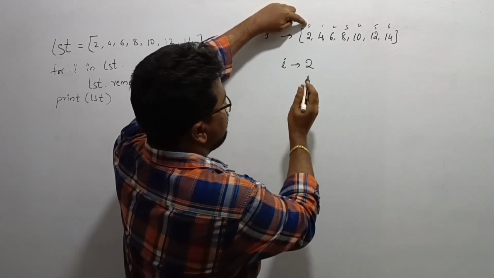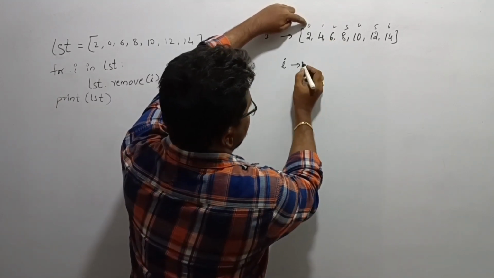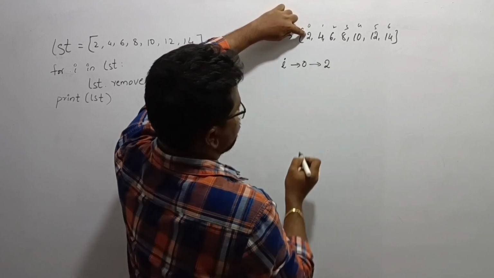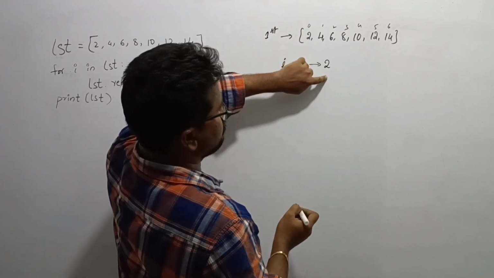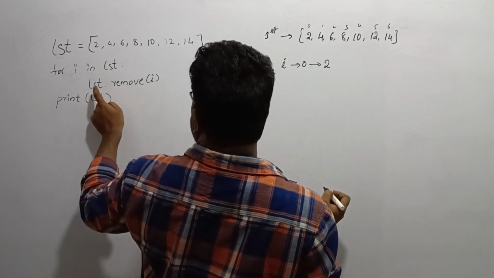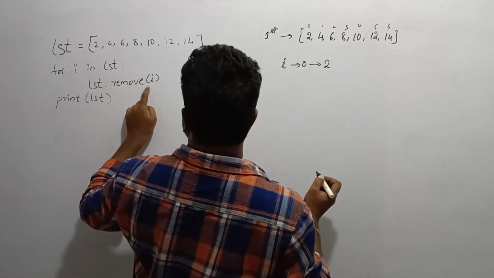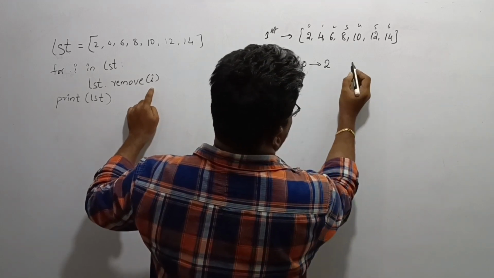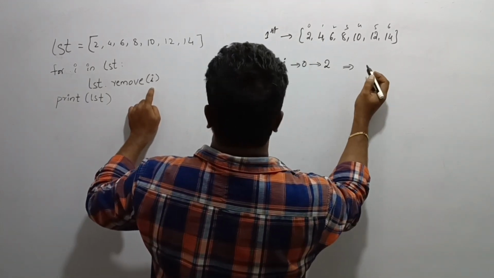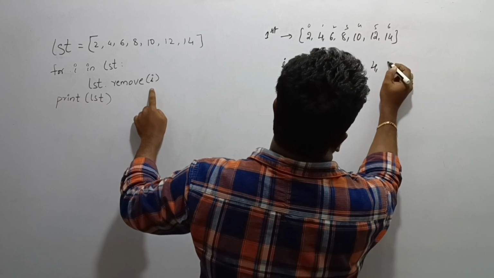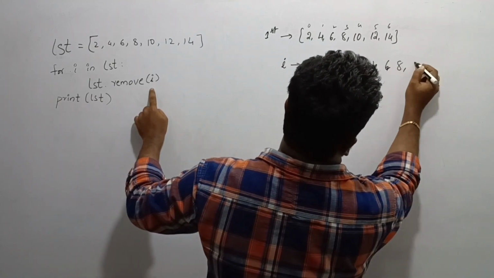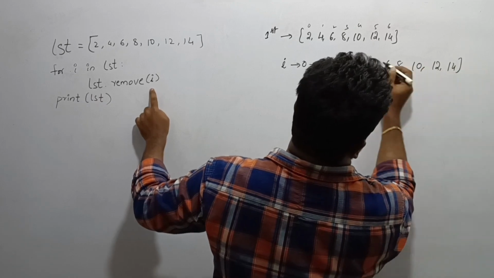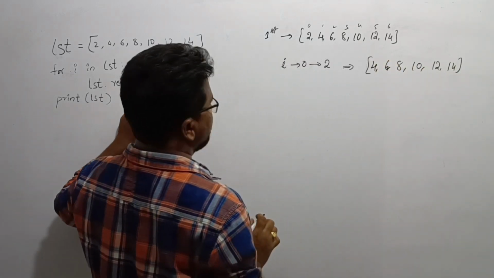The element is 2. Now lst.remove(i) means that i will be removed, and the remaining list is 4, 6, 8, 10, 12, 14.